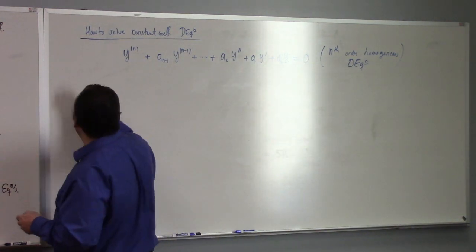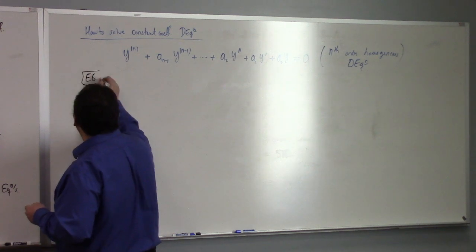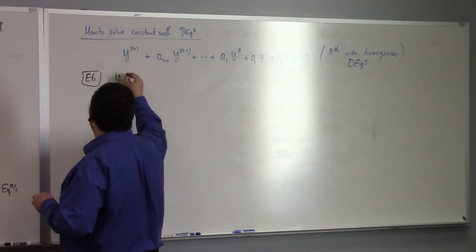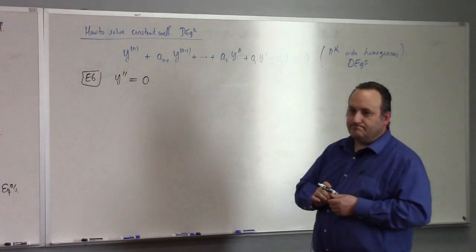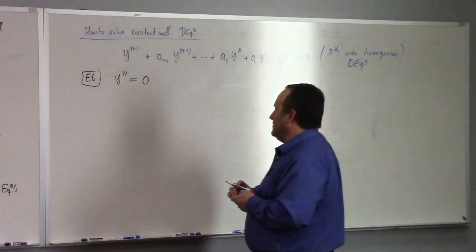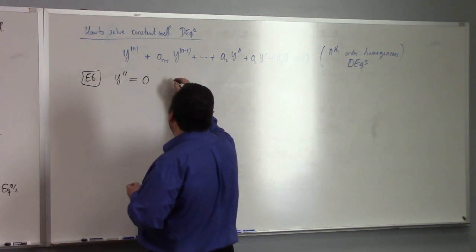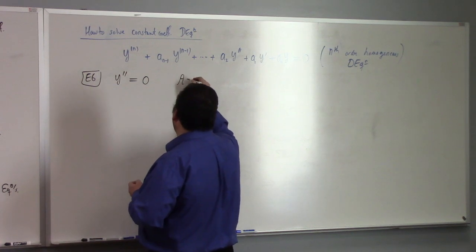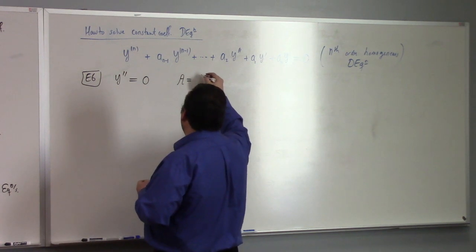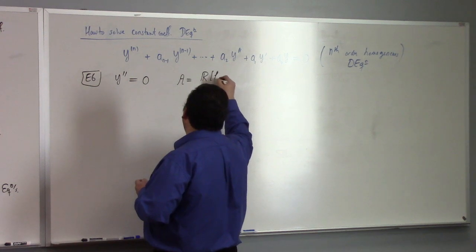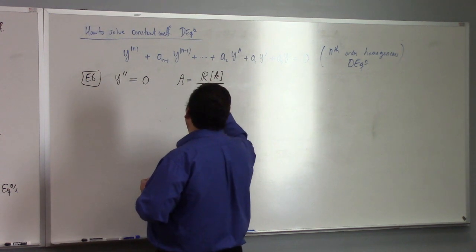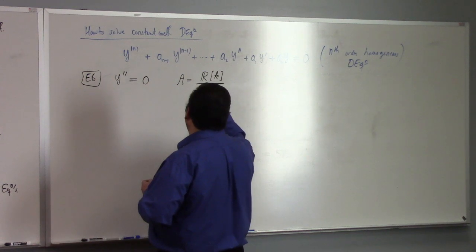So example 6. Suppose I wanted to solve. We'll start out really easy, which is this one: y prime prime equals to 0. Right. So what I do is I look at the algebra I use to solve this differential equation. I use basically real polynomials, let's say I'll use k for the variable, and I take the quotient by what's called k squared.